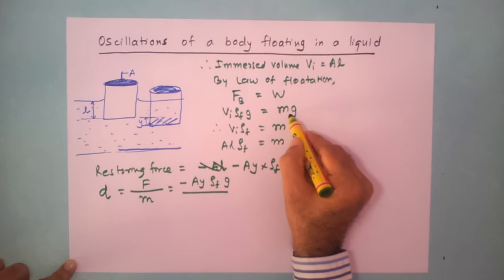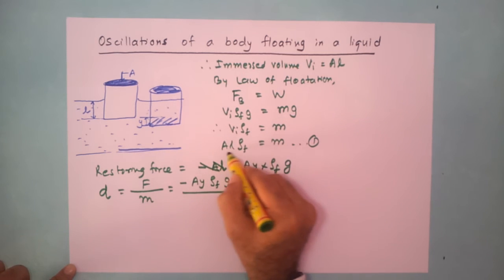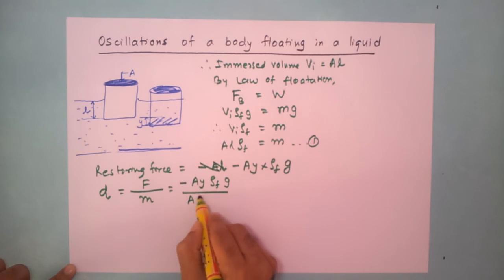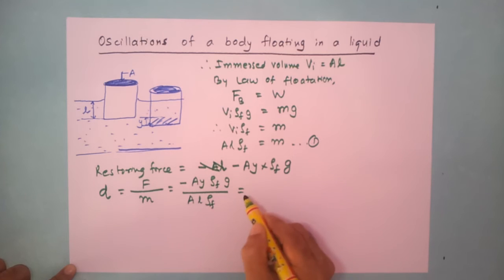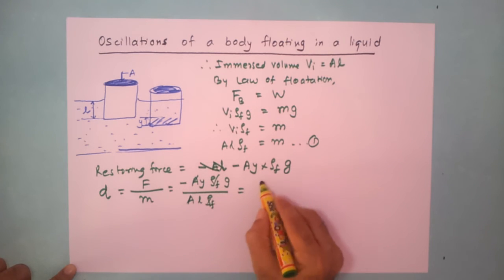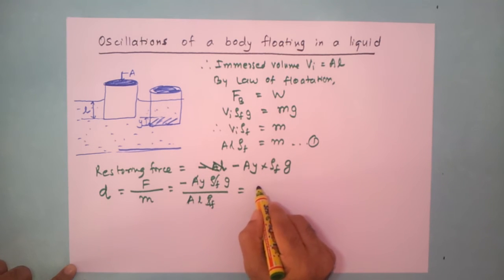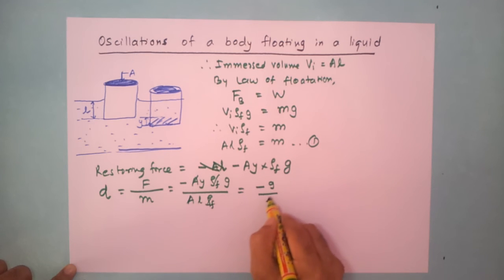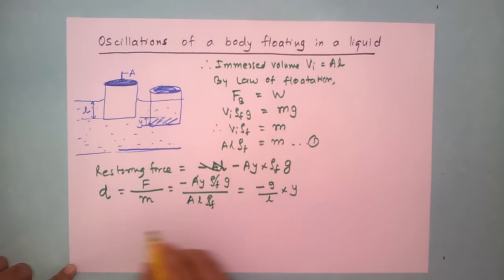The mass of the object we have found out is A into L into rho F. So A rho F cancels, giving minus g upon L into y. Therefore, I can write alpha is equal to minus g upon L into y.